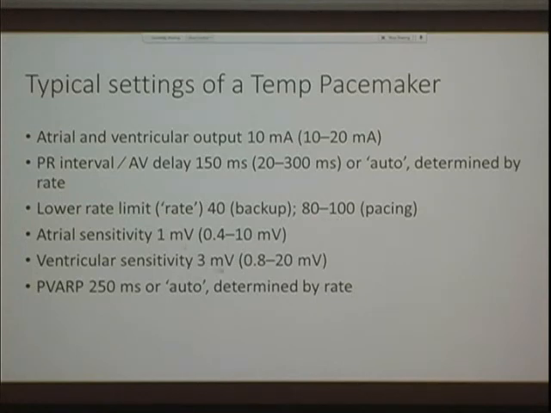Atrial sensitivity 1, ventricular sensitivity 3, and PVARP is determined. In a dual chamber mode, that is how it usually comes. So this is what the programming would look like post-CABG or post-valve most of the time. So don't go below 10 mA, have at least twice the threshold covered, and set the lower rate.